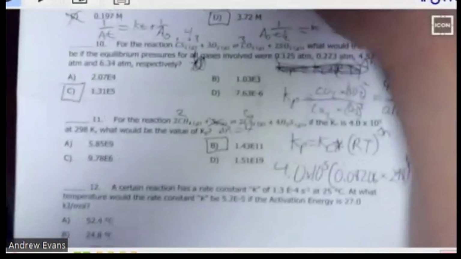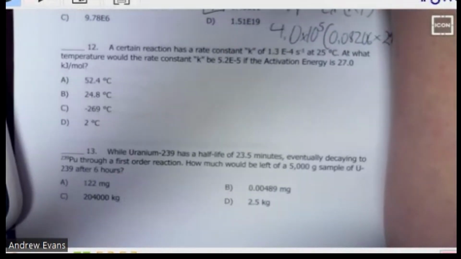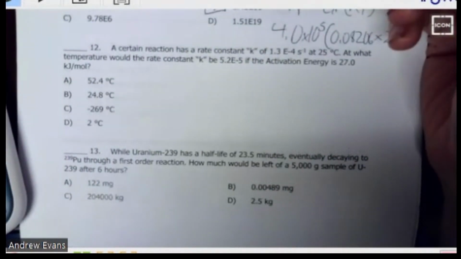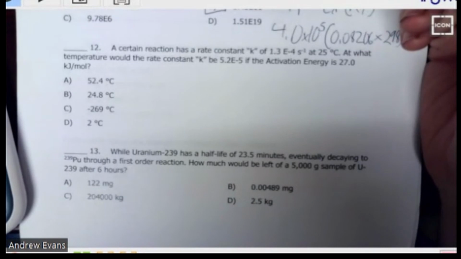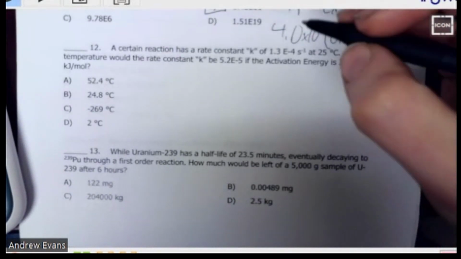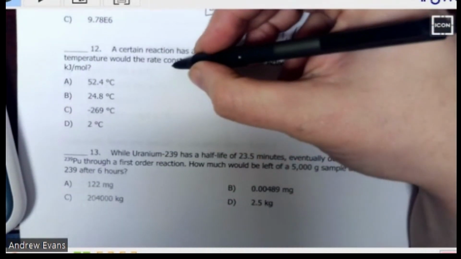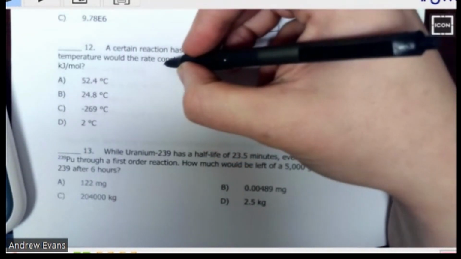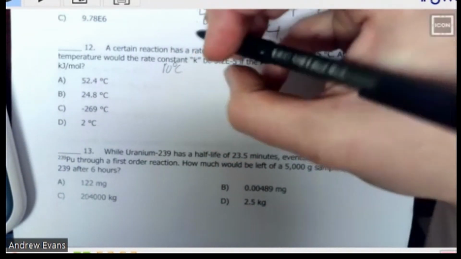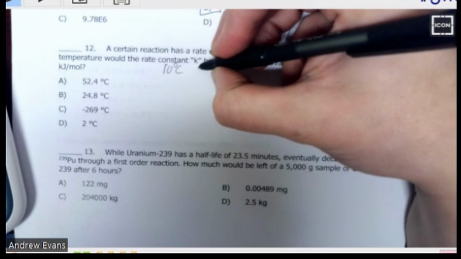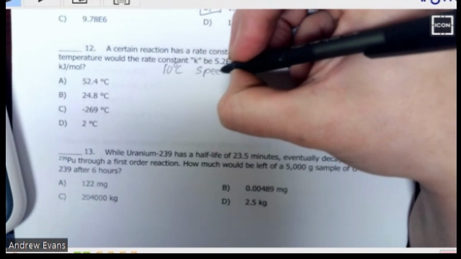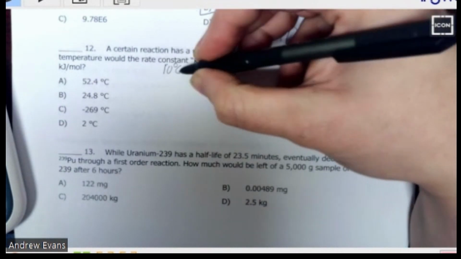Now this one was not meant to be hard. Well, it's meant to be challenging, but there's only one answer that makes sense. The hard and fast rule, remember, is for every 10 degrees C up, speed is times 2.